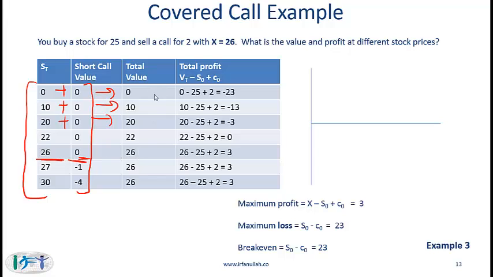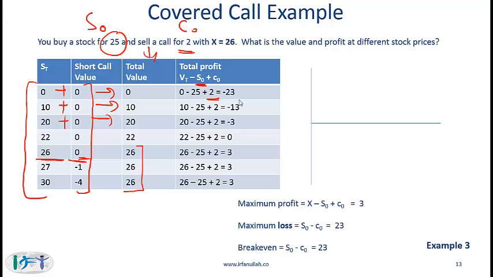Initially the total value increases, but after we hit the strike price of 26, then the total value levels off at 26. The total profit as before is given by the total value from this column, and then you subtract the amount paid for the stock, which is S0, and you add the amount that you receive when you sell the call option, and that is 2.